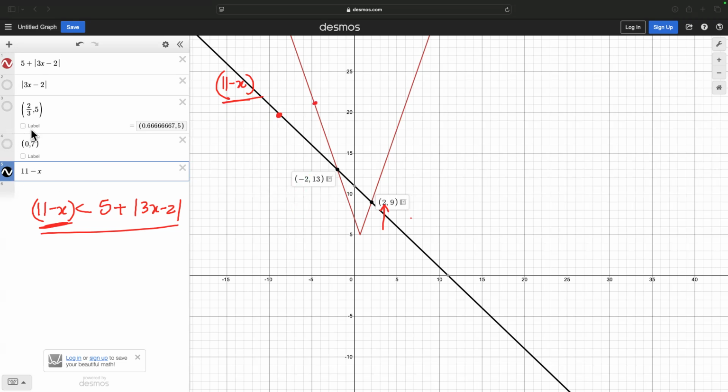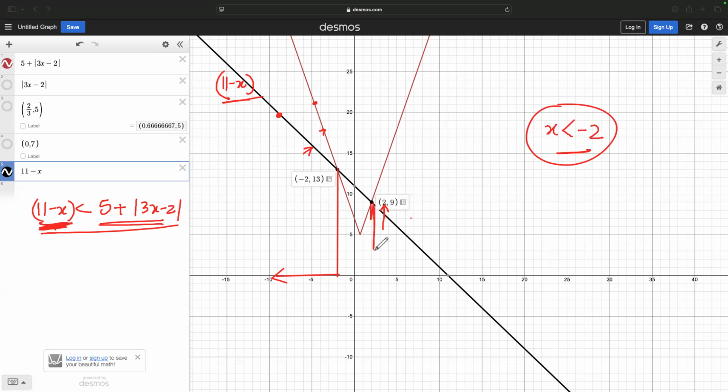If we go to the left of negative 2, taking x values less than minus 2, for all of those x values the black straight line is below the red thing. And that's what you want. You want the straight line 11 minus x to be below that. So this is definitely one of the sets of values for x.